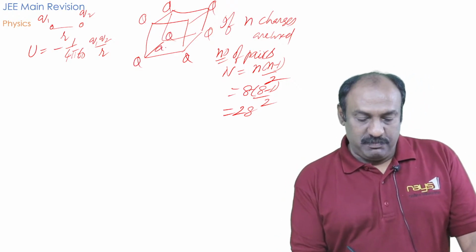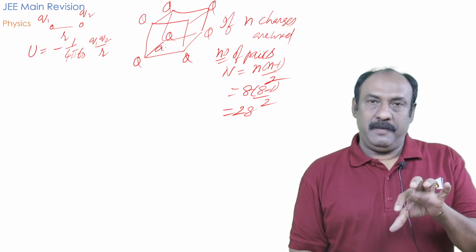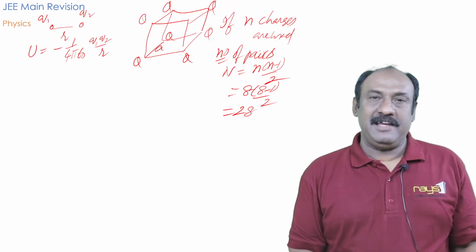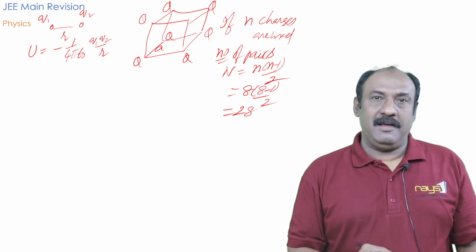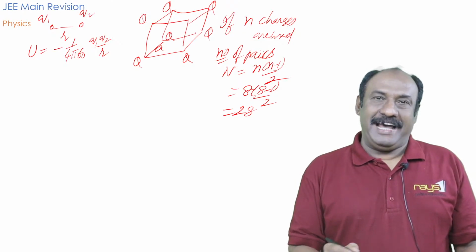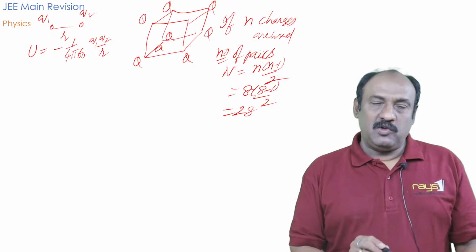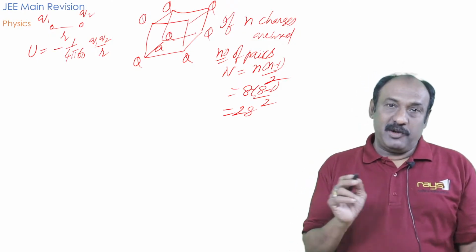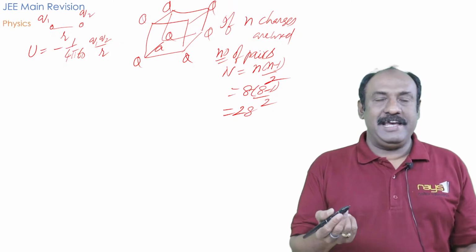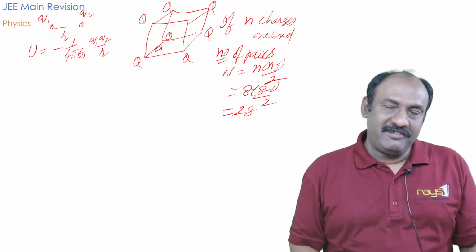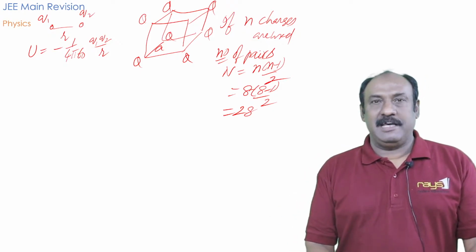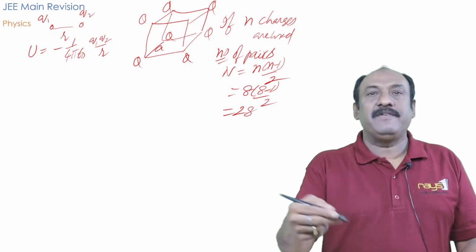The distance between two charges along a side is small a, the distance between two charges at the ends of a face diagonal is root 2 a, and the distance between the ends of the body diagonal is root 3 a. For different distances between the charges, the potential energy of the pair will be different.